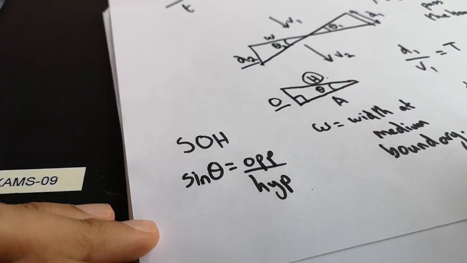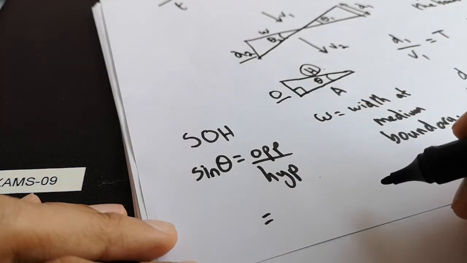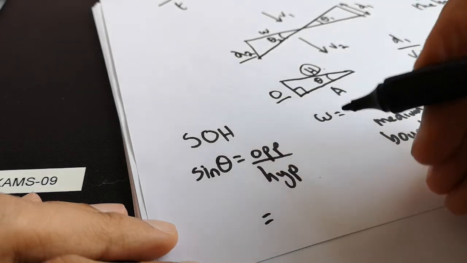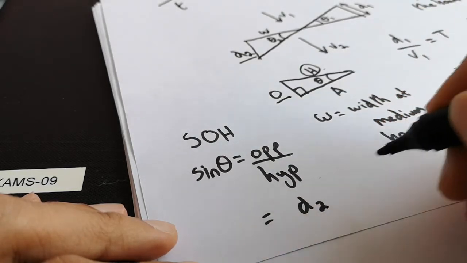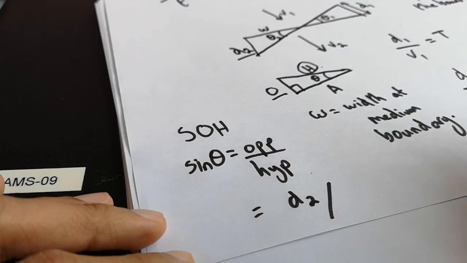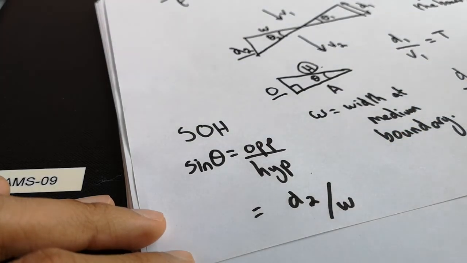And let's make that connection a little bit further. It's actually going to be our value of O, which is our D2 value, divided by our value of H, which is W. Now this sets us up really, really nicely, okay?